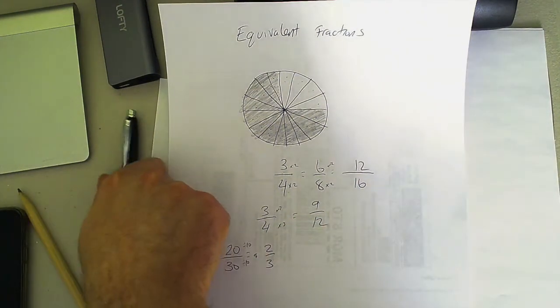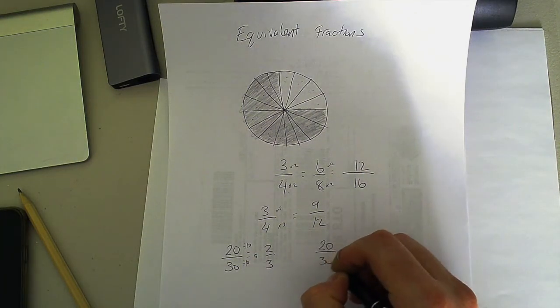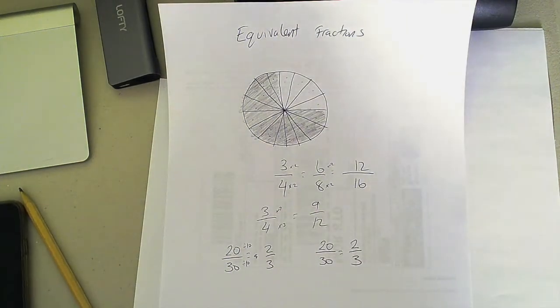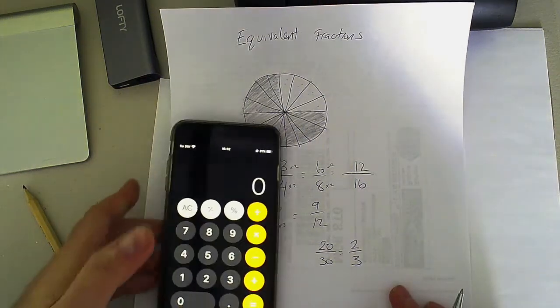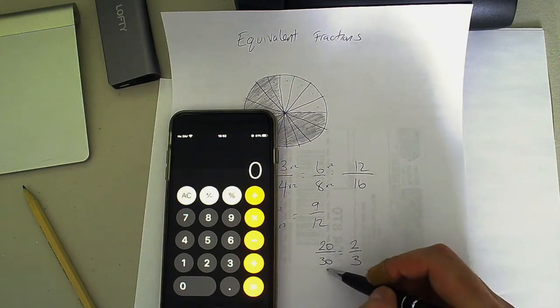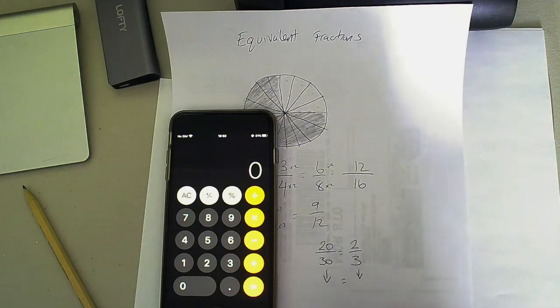Now, how do I know that 20 over 30 is equivalent to 2/3? How do I know I didn't make a little mistake? Well, this is where your friend the calculator comes into play. The trick is to take the numerator divided by the denominator. So I'm going to record the answers right underneath here.